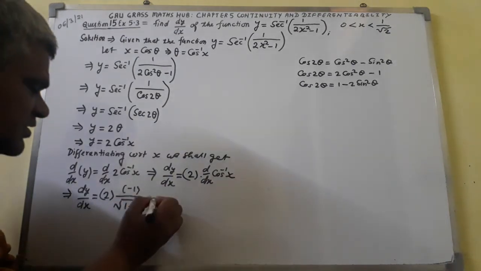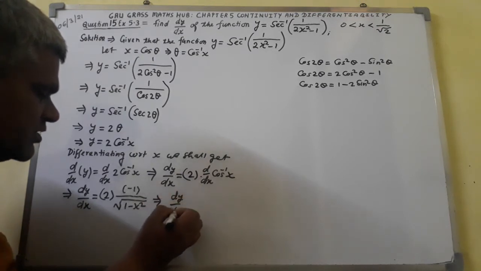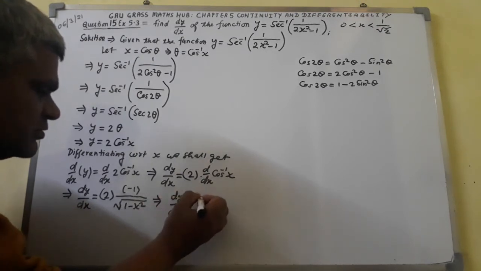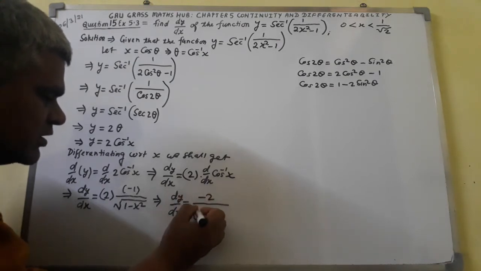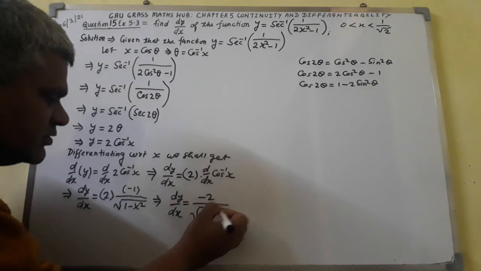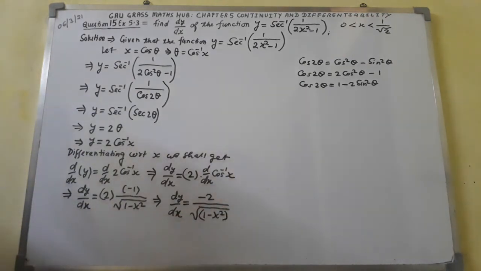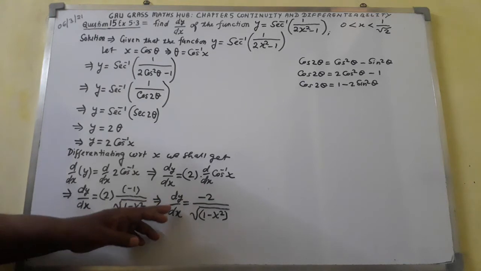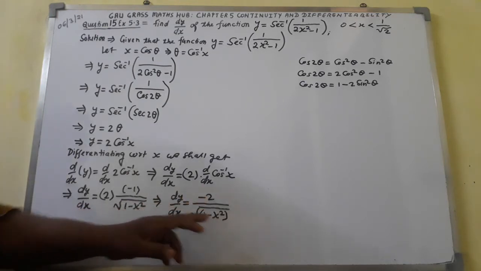You will get dy over dx equal to minus 2 over under root 1 minus x square.